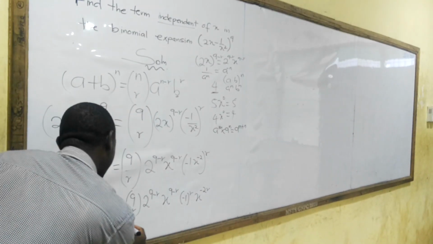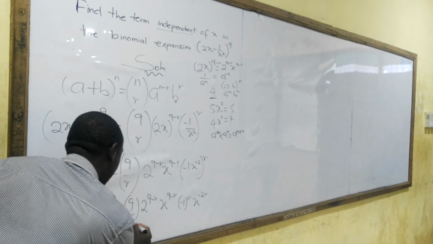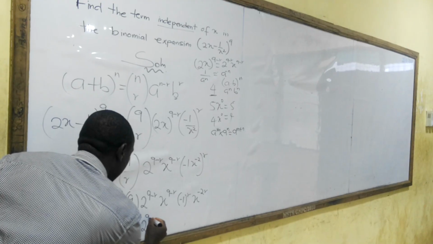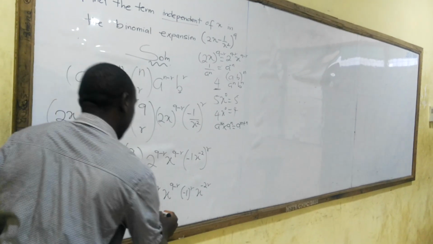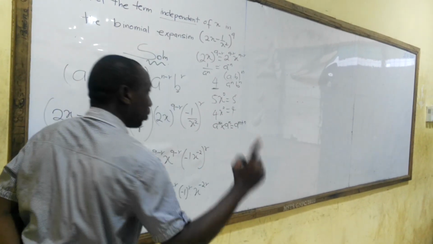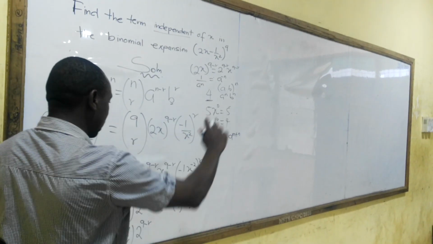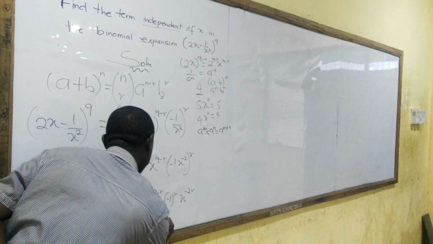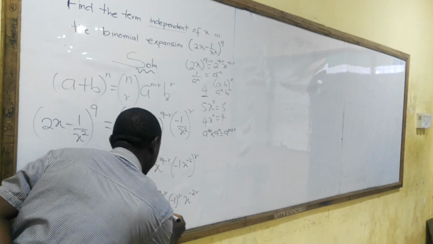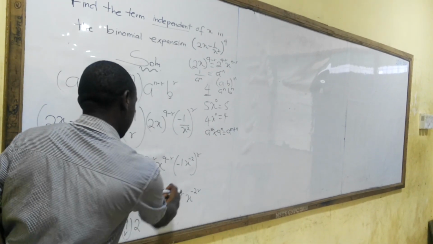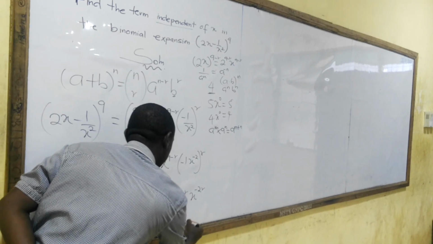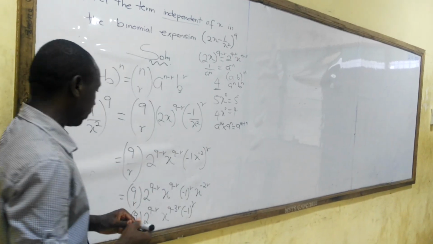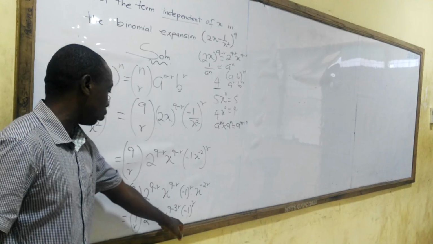So this again reduces to 9 combination r, 2 to the power 9 minus r, and then x to the power 9 minus 3r. Then I will have my negative 1 to the power r here. So this expression has reduced to this one.